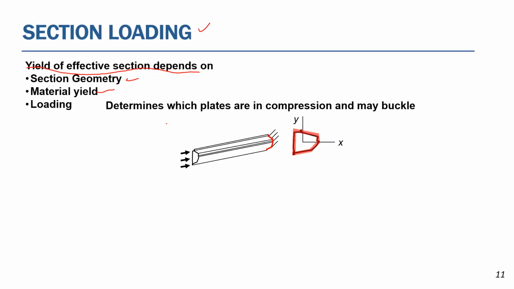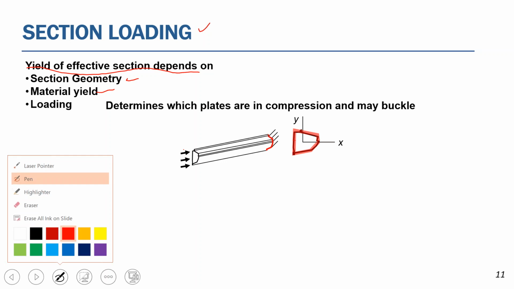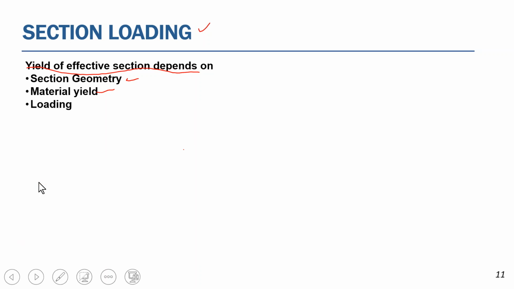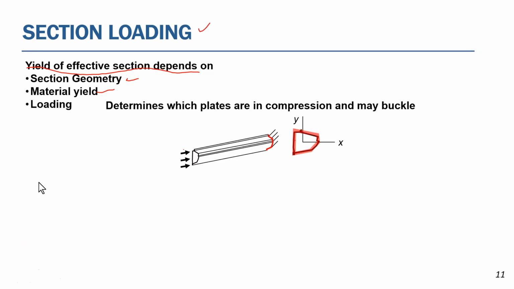And why is the loading important? Because loading determines which plates are in compression and may buckle. So what we've been looking at up to now is the axial condition. And the reason that's important is that under axial, any of the plates that make up the section may buckle.